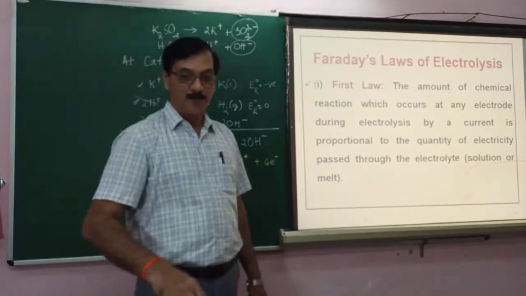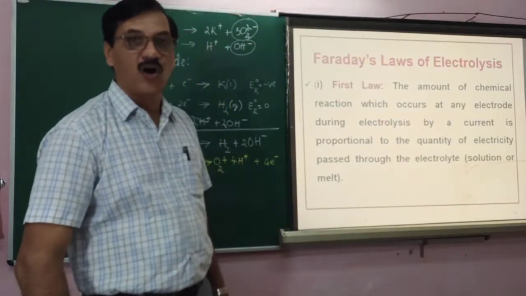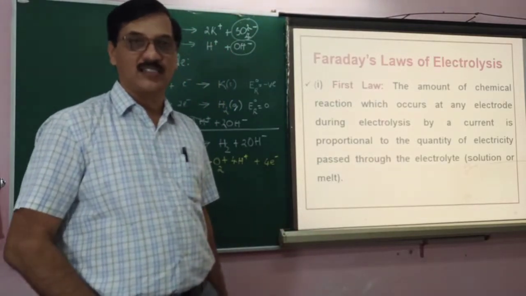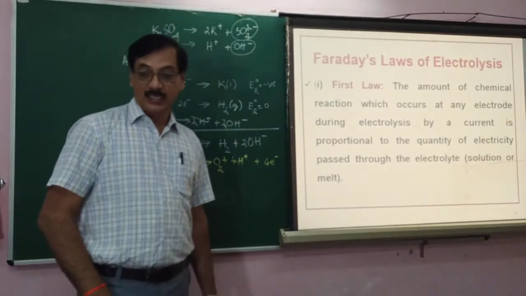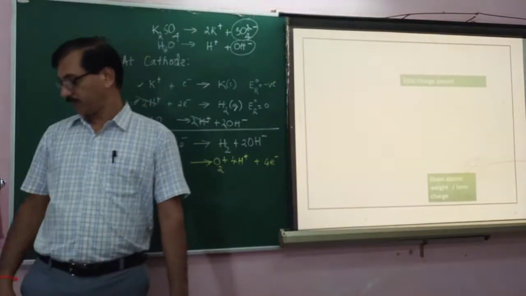This is called the first law, and the quantity of the substance formed is directly proportional to the charge. Let us try to see the mathematical expressions of it so that you may understand it in a far better way.